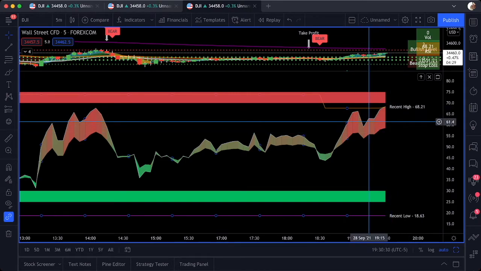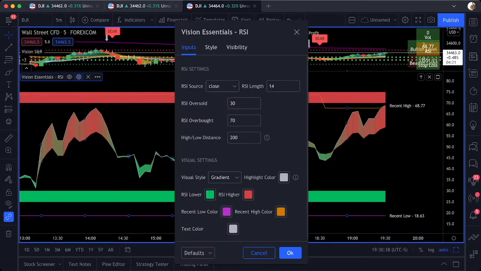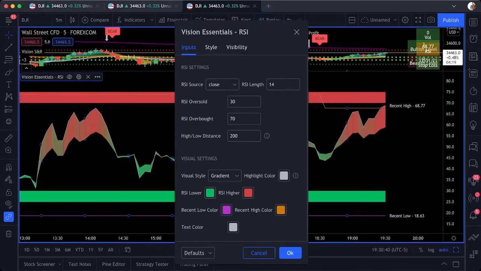Let's see here. The RSI lower, this setting, let me click on that. Here we go. RSI lower, RSI higher. This was the gradient. So this setting controls the color used by the indicator when the RSI value is on the lower end of the spectrum. So that's going to be this one.